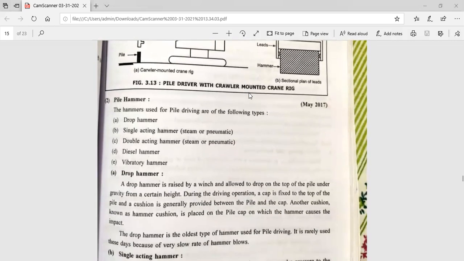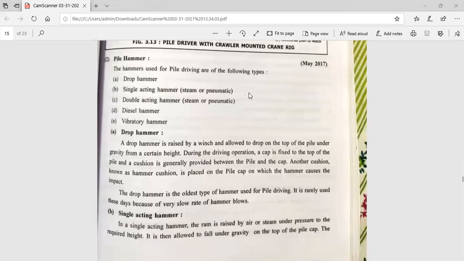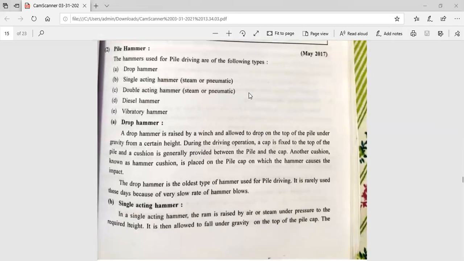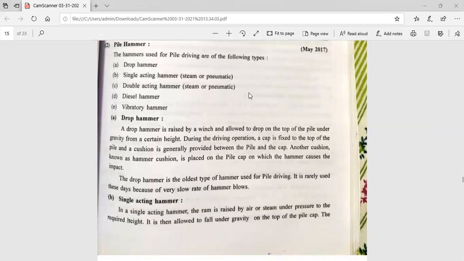Next is the pile hammer. Hammers used for pile driving are the drop hammer, single acting hammer, double acting hammer, diesel hammer, and vibratory hammer. The drop hammer is raised by a winch and allowed to drop on the top of the pile under gravity from a certain height.